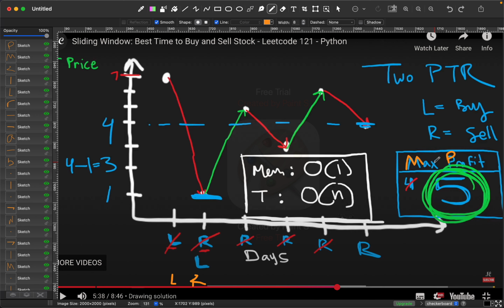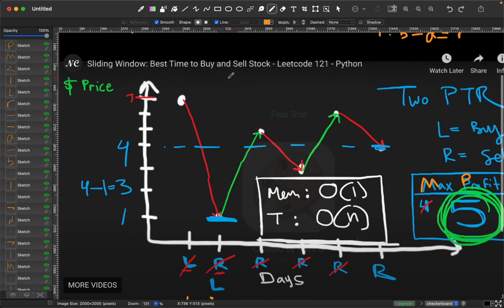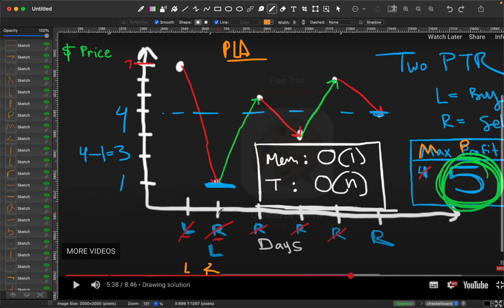So yeah, we just continue to play it out, to find some inspiration. So obviously LR, we start here.